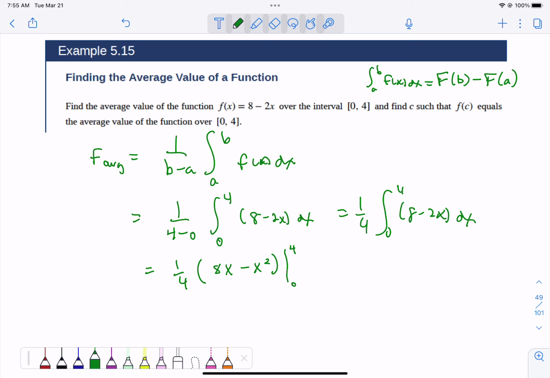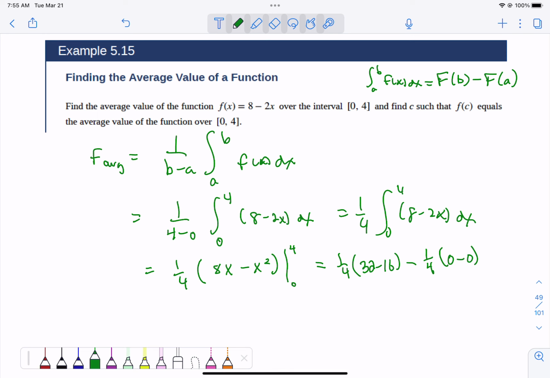We can just do the integral and subtract the antiderivatives at those values. So if we plug in 4, we get 1/4 of 32 minus 16. And then we're going to subtract the boundary when we plug in 0. So that's going to be 0 minus 0.